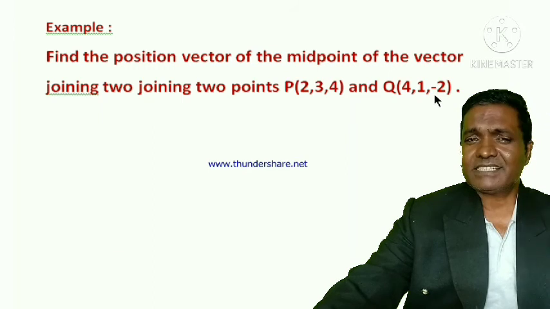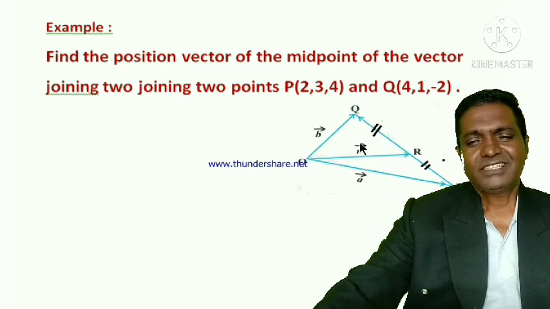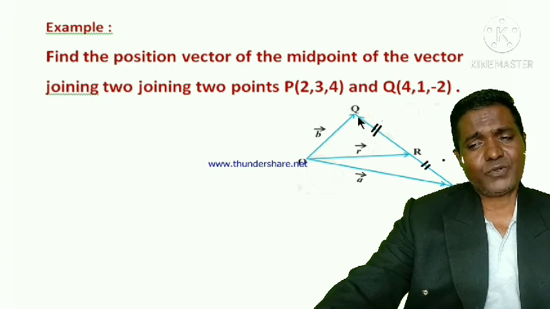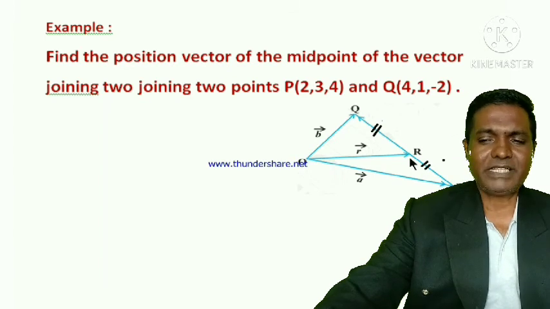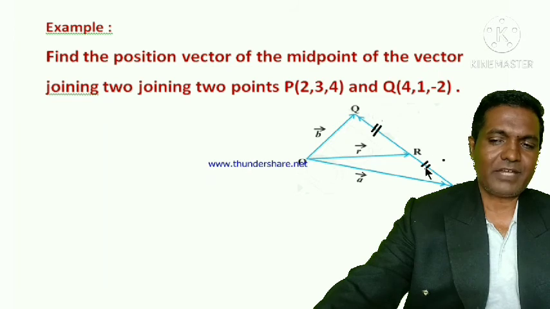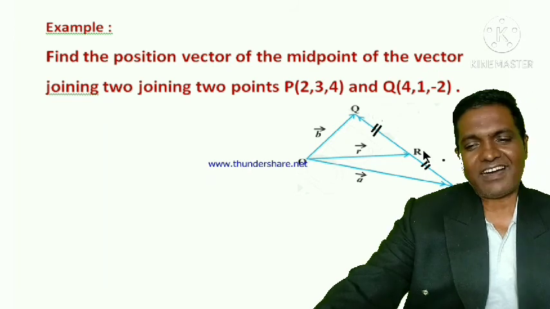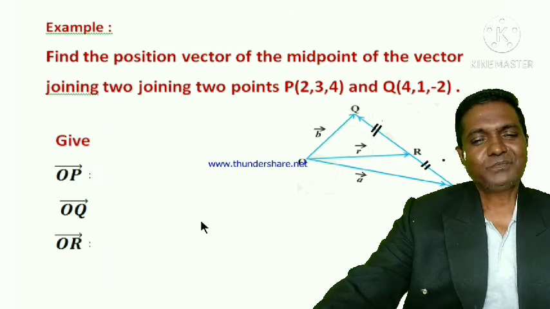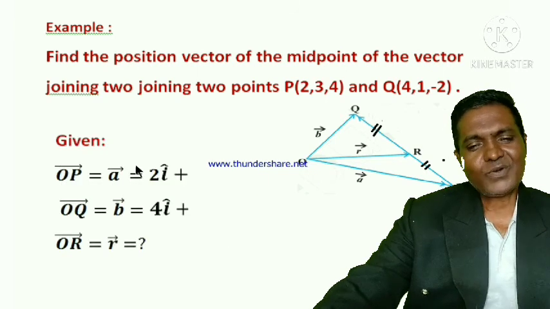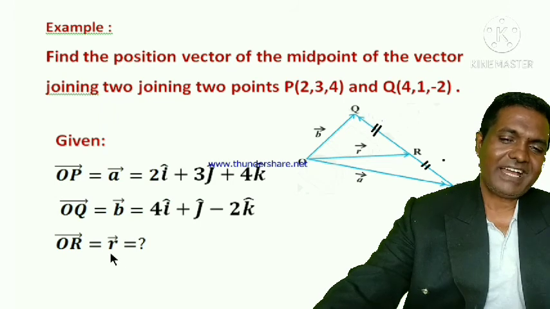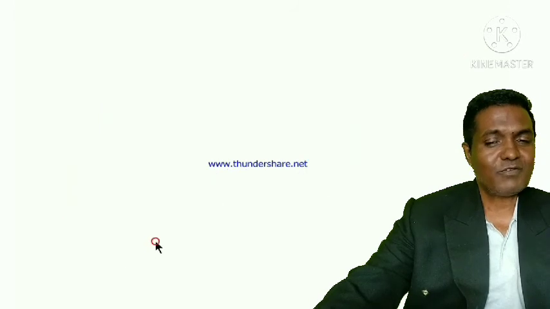We have discussed this earlier. So look at this again. This is the vector PQ. R is the midpoint, meaning these two parts are the same, and we are supposed to find the position vector of the point R. As you all know, write the given, what is a and what is b, and what is R that you have to find.